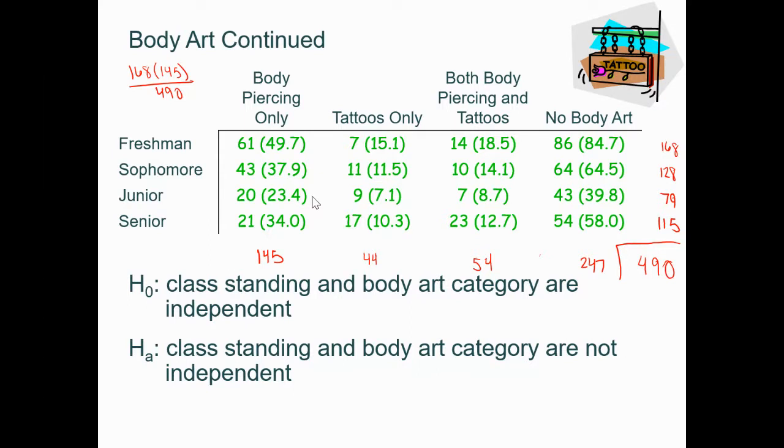Now, let me just put in a little word on expected counts. It is part of the assumptions that we say they're greater than 5. You must show me the counts in order to say they're all greater than 5. You can't just say, yes, they're greater than 5.